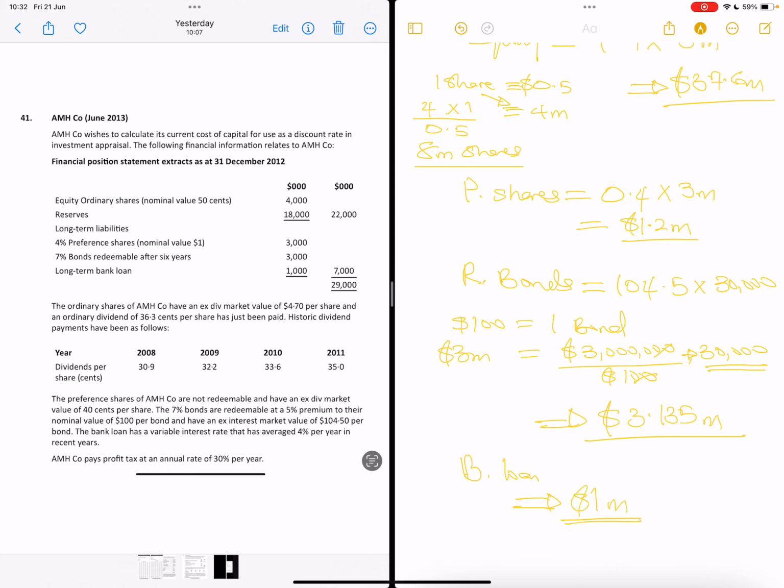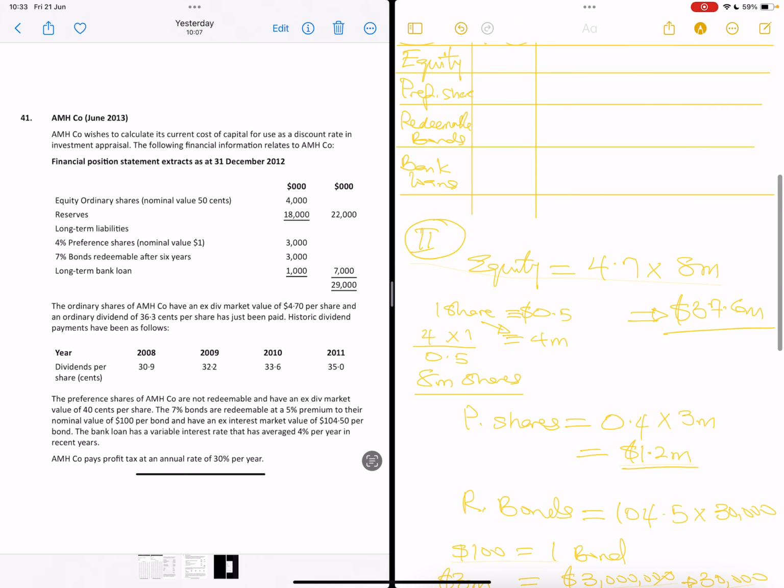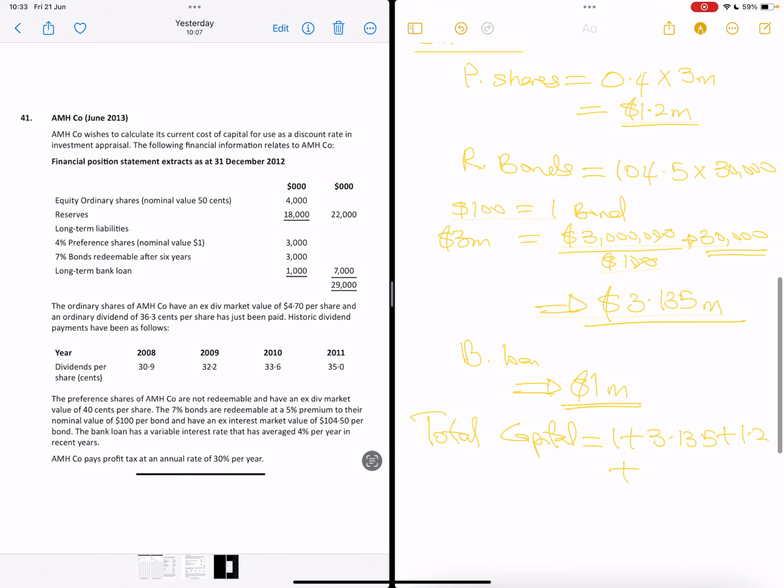Now the total value of capital, so the total capital that we're talking about here, will be equal to the 1 million of bank loan plus 3.135 of redeemable bonds plus 1.2 million preference shares plus the equity 37.6.